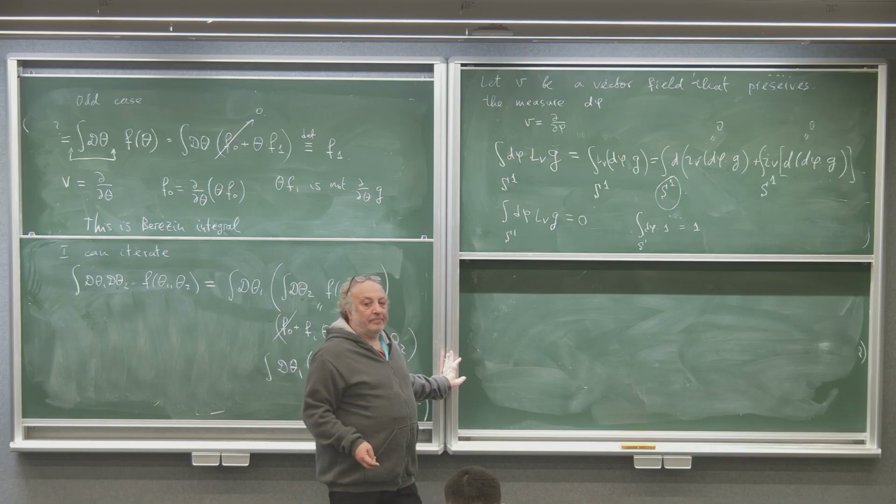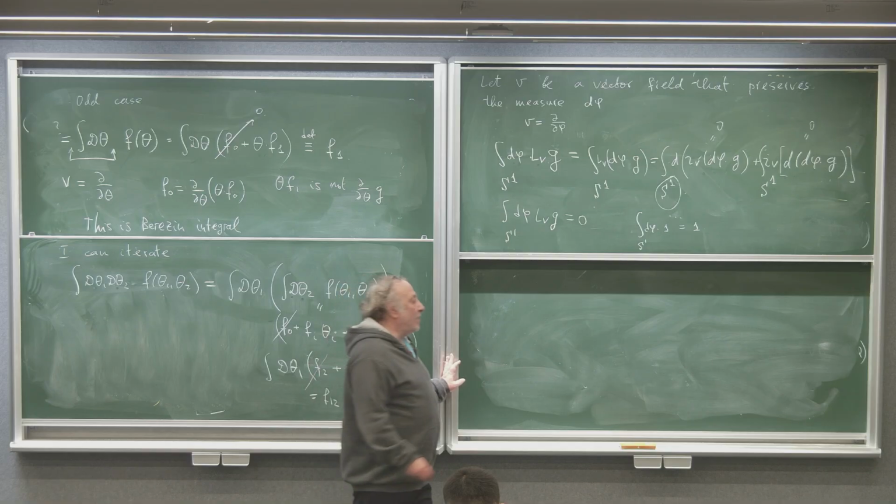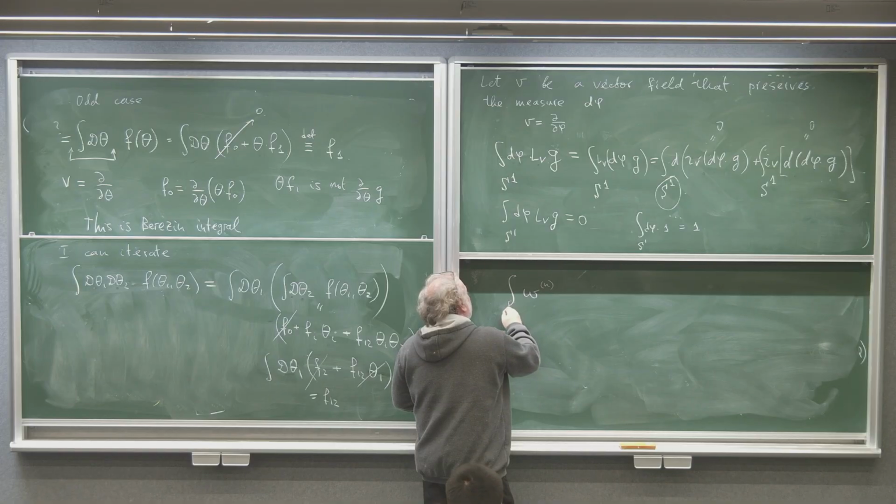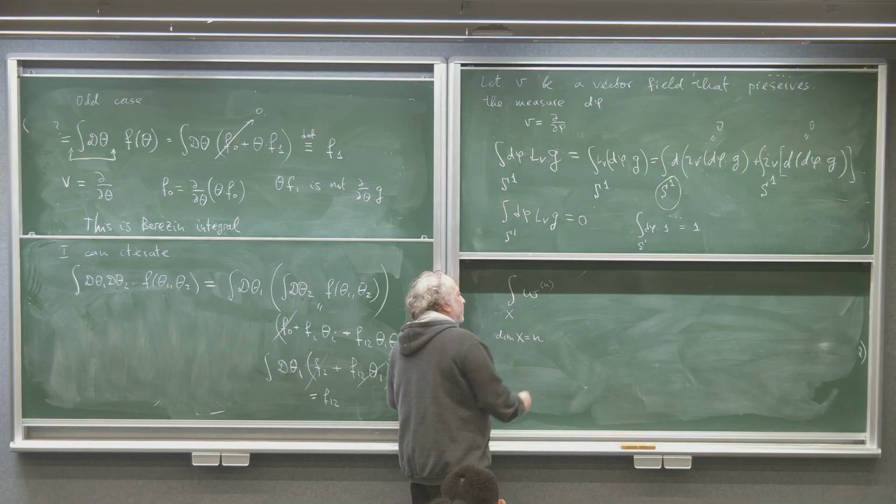Now let me come to the most interesting formula here, namely the integral of a differential form of degree n over the space X with the dimension of X equal to n.